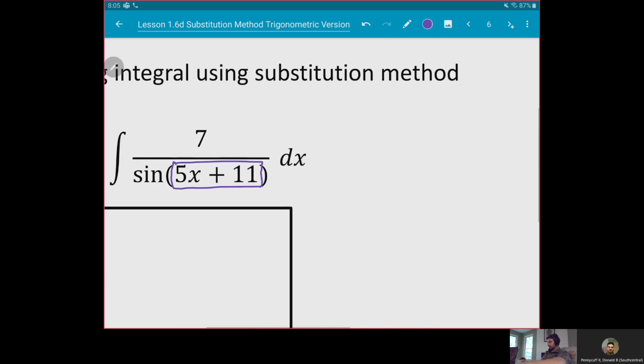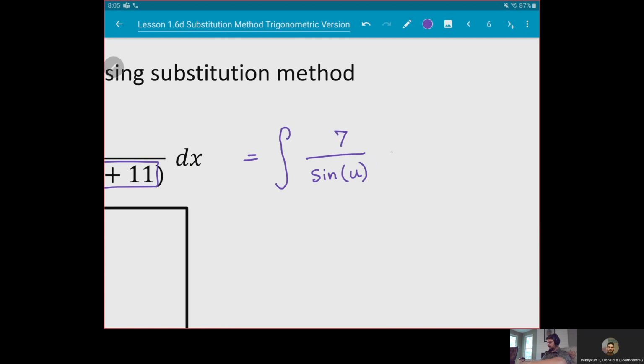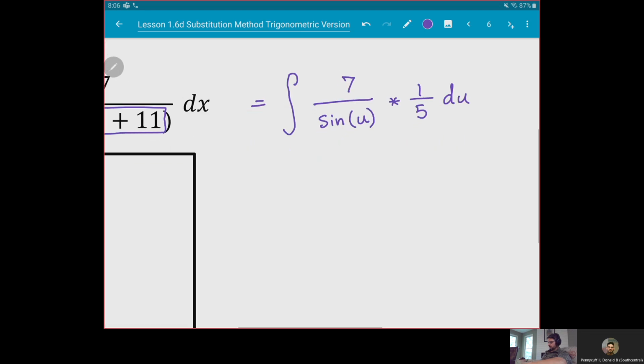I plug everything in. And so that is 7 over sine of u du. Okay, I think I left something off. I keep leaving off the fraction in front. 1/5 du. Okay, so let's move everything out front.